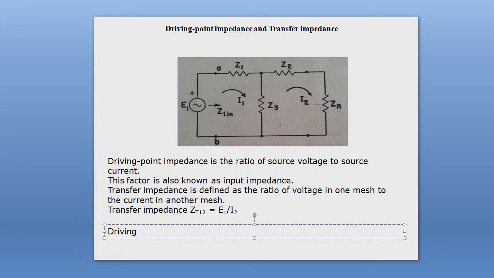Driving point admittance is nothing but the reciprocal of driving point impedance.